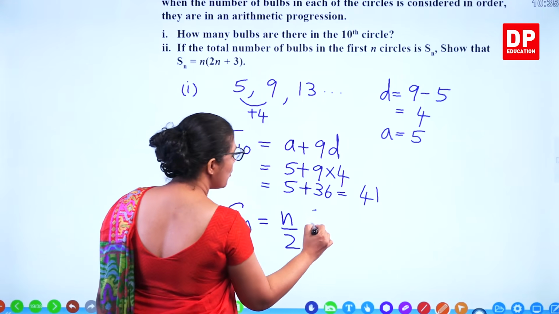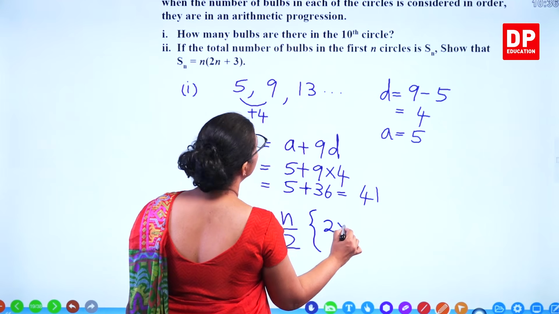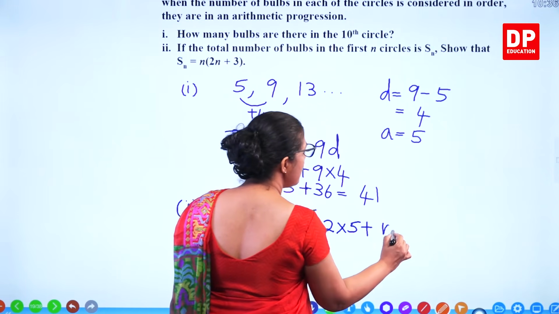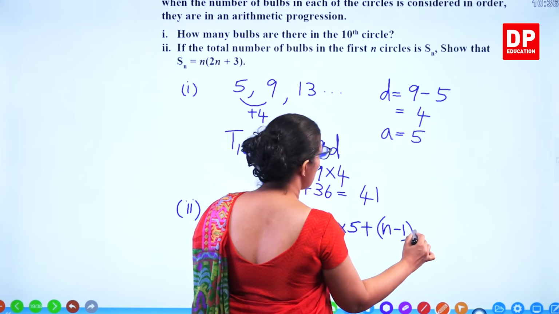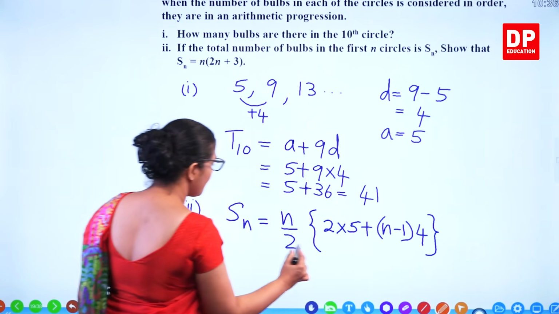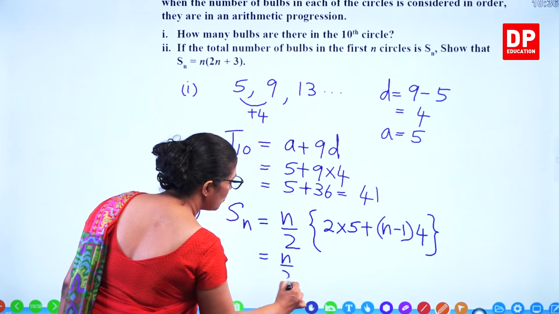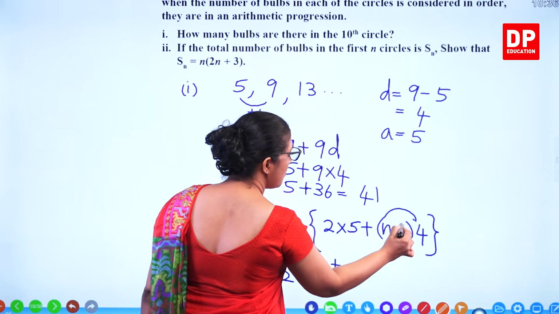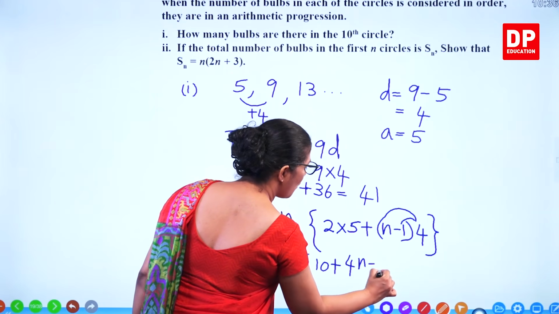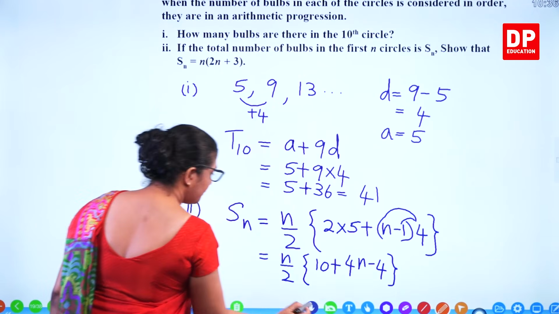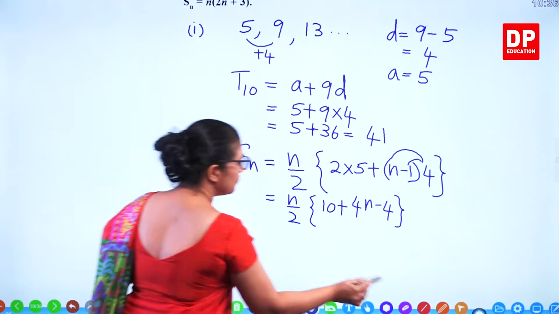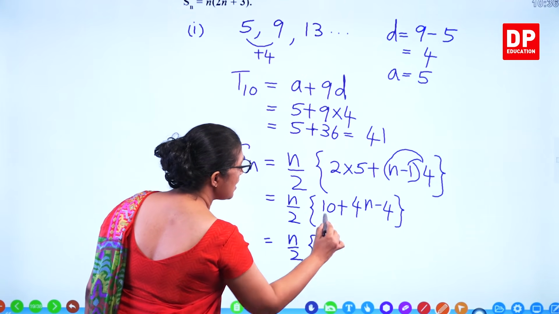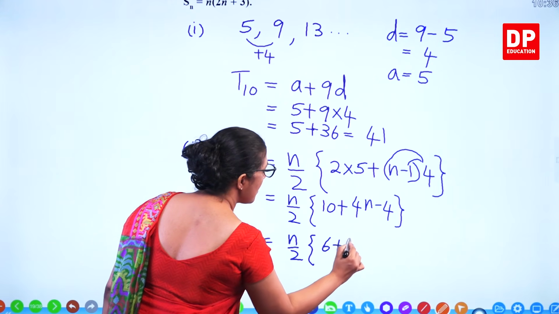So use the other formula: 2a, a is 5, plus n minus 1 and d equals 4. n over 2, 10 plus here multiply 4n minus 4. n over 2, 10 minus 4, that's 6 plus 4n.